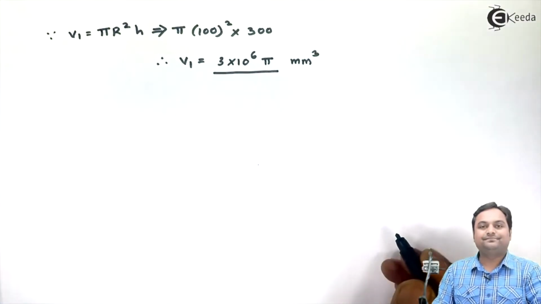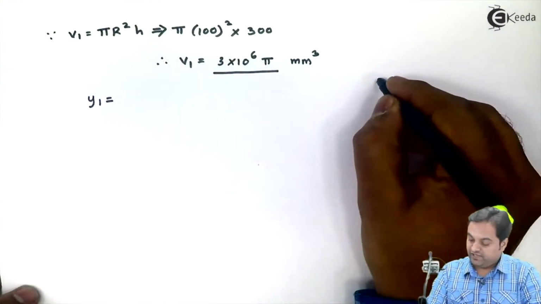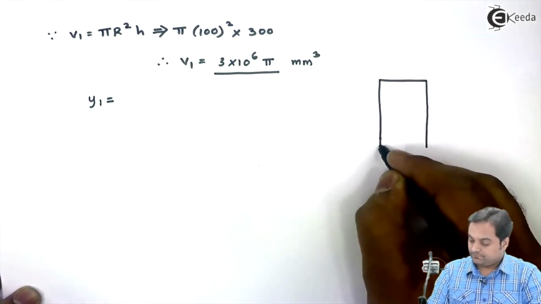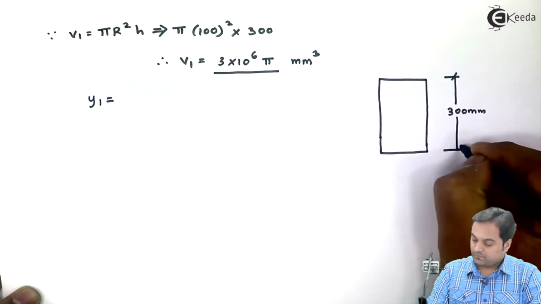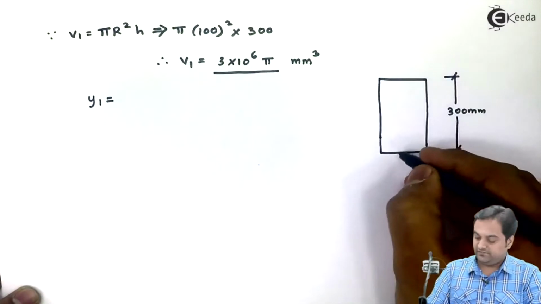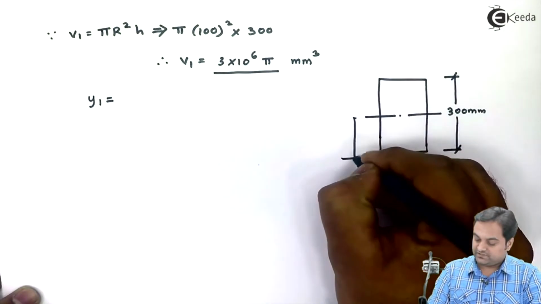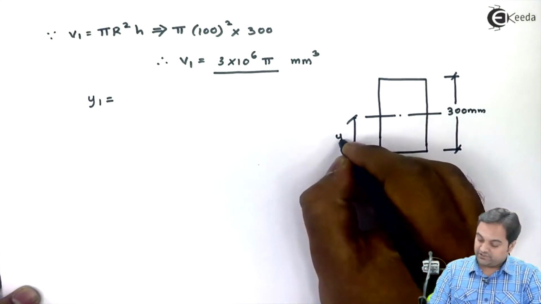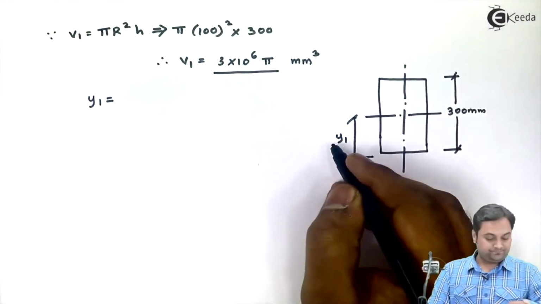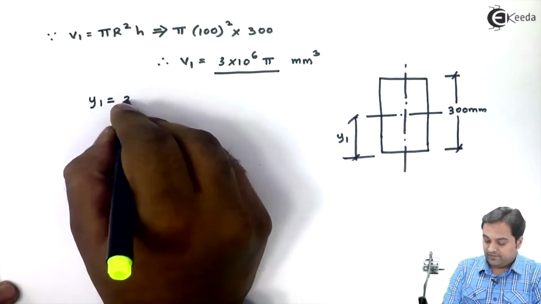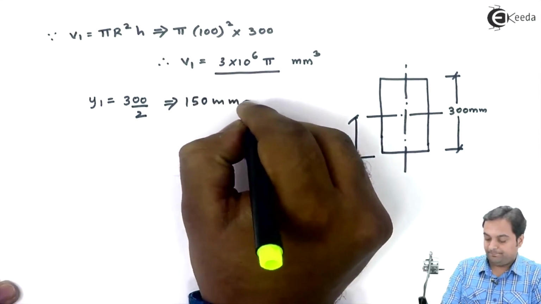This is V1. Now Y1, if we have a cylinder, its height is 300, so CG of this cylinder will lie exactly at half. So this is Y1 for us, and I can say that Y1 will be half of 300, so it comes out to be 150 mm.